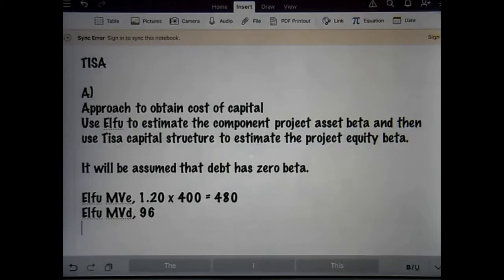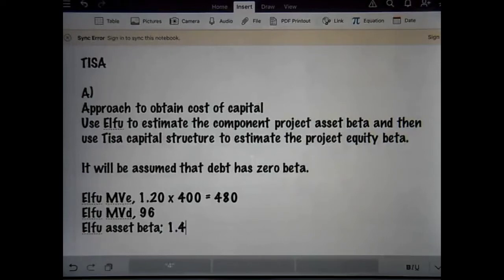Clear? Okay. The next one, you're going to calculate the asset beta. Did you calculate the asset beta? Yes, no? Asset beta. It's going to be 1.4.